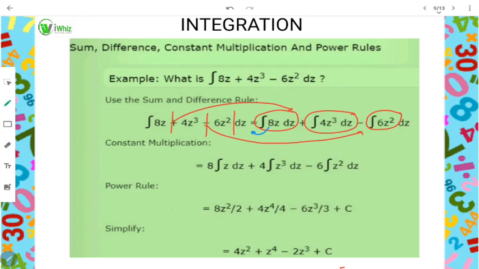Once I have that, using the power rule that I have, remember z is going to be 1 plus 1 all over 1 plus 1. z cubed will be 3 plus 1 all over 3 plus 1. z squared will be 2 plus 1 all over 2 plus 1. Can you see that's how I arrived at my 1 plus 1, which is 2, 3 plus 1, which is 4, and 2 plus 1, which is 3.